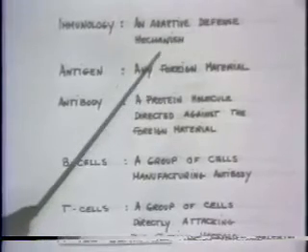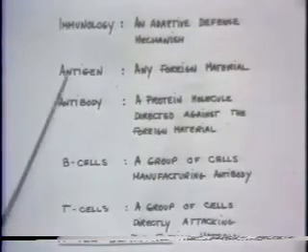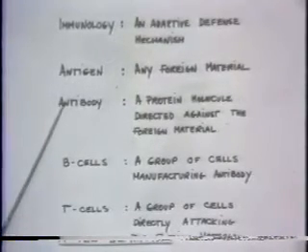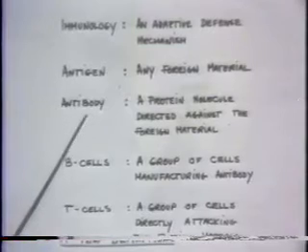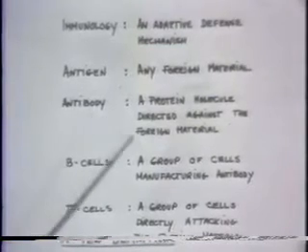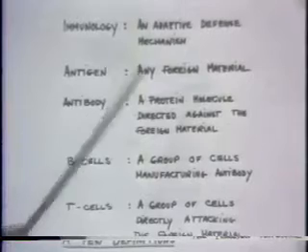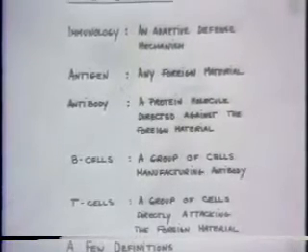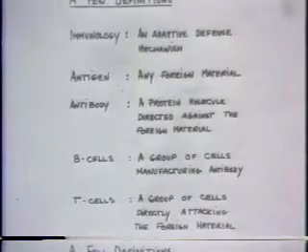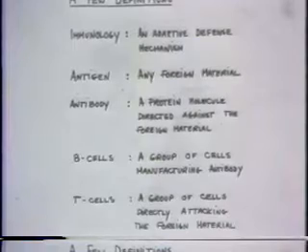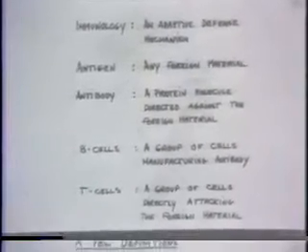Immunology is simply an adaptive defense mechanism, right? And an antigen is any foreign material, and an antibody is a specific protein molecule made by the body to combat the foreign material. And the best way is really to talk in examples, because I don't learn from reading general things. I learn best if I talk about examples.